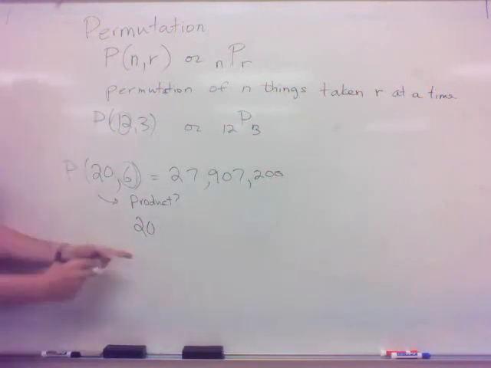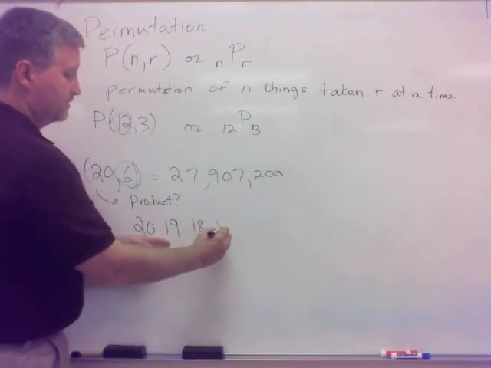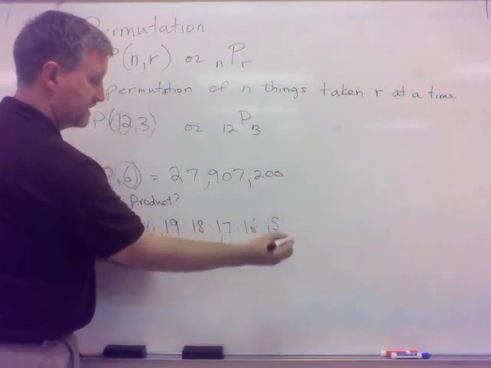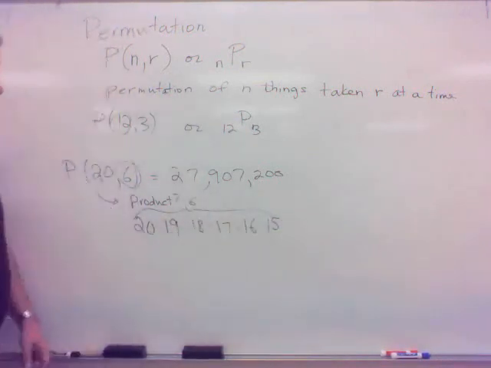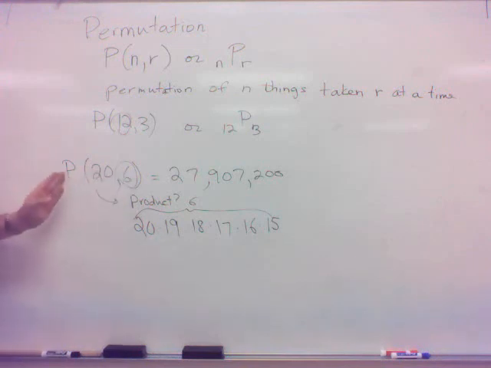So I don't count down to 6. I count down to where? 20, 19, tell me when to stop. 17, 16, 15, stop, right? Why? There's 6 of them there. The 20 is where you start. The 6 is how many numbers you get to, and then you stop. Okay, so 20P6 is 20, 19, 18, 17, 16, 15. And you should get this number if you multiply those together.